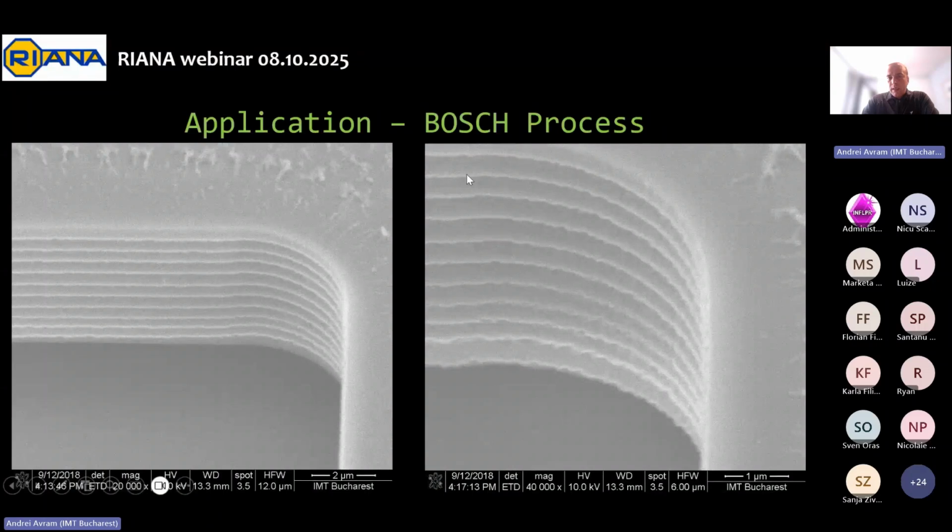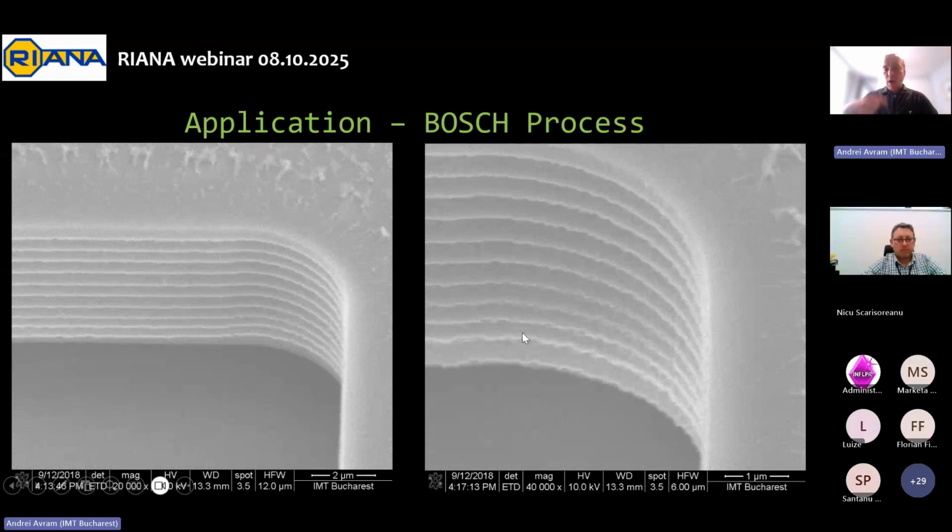You can see an etching step, then you stop, and the next step, and the next step, and you can actually count the number of steps you run in a process. So you get this roughness on the sides, but if you do not mind this roughness, you can usually use this process to etch very high depths with almost perpendicular 90 degree angles to the substrate.